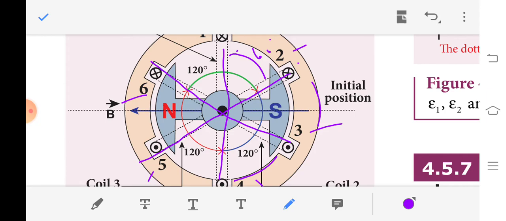These coils are rectangular in shape and 120 degrees apart from one another, which means coil 1 and 2, 60 plus 60, produce an angle between the 3 slots of 120, and another 120, and another 120. This is a 3-phase AC generator.